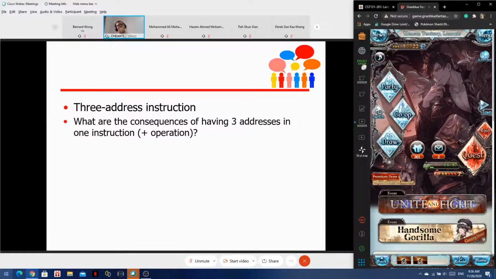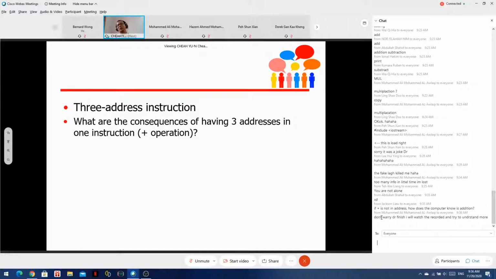Now, just a quick chat discussion here. With the 3 address instruction, what are the consequences of having 3 addresses in one instruction? And of course, you have the operation. What are the pros and cons of having the 3 addresses packed into that one word?